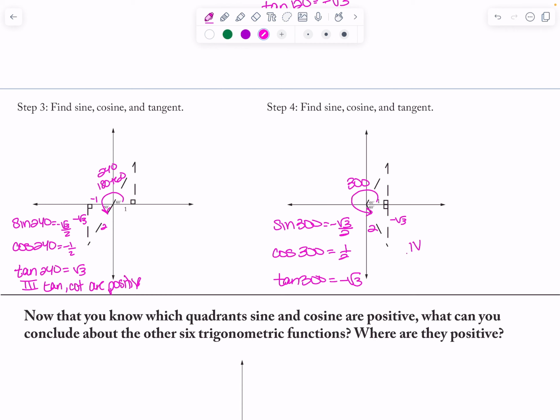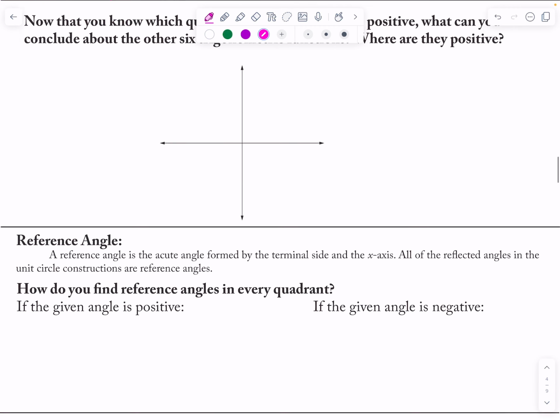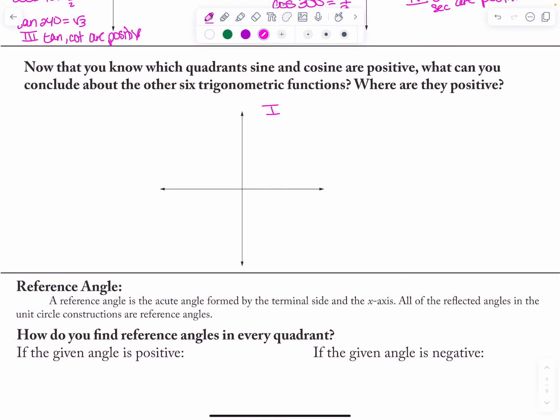So in quadrant 4, cosine and secant are positive. What you noticed is that in quadrant 1, all trig functions were positive. And then in quadrant 2, sine and cosecant are positive.